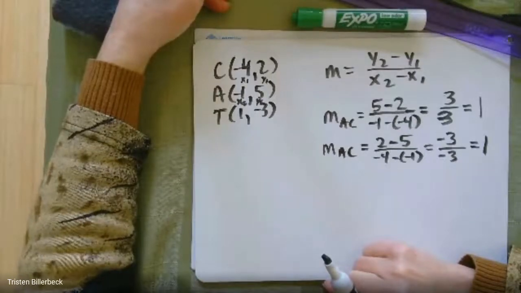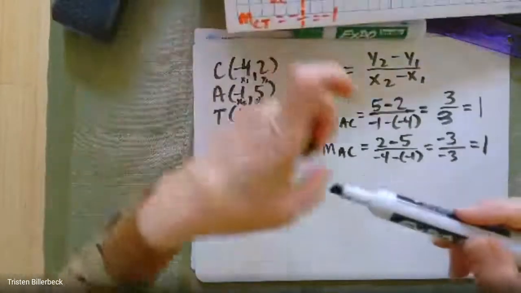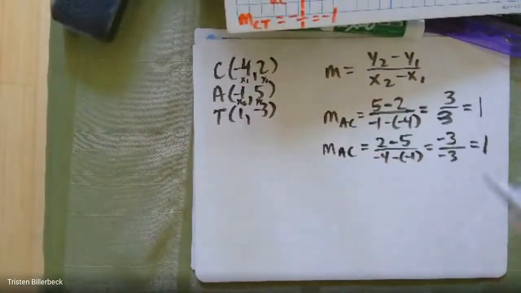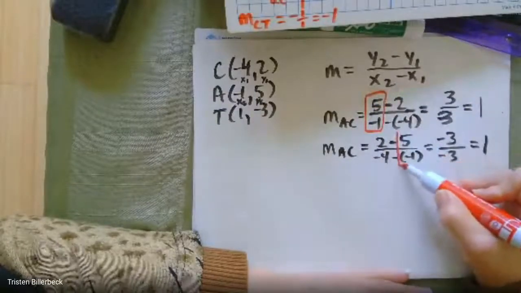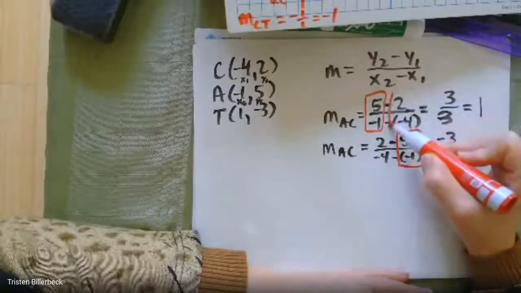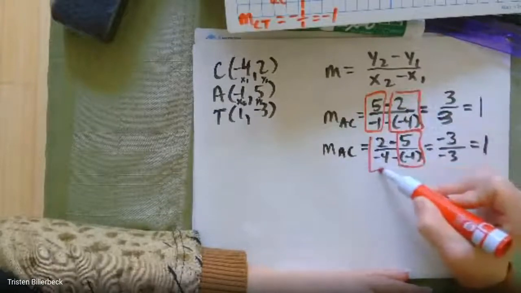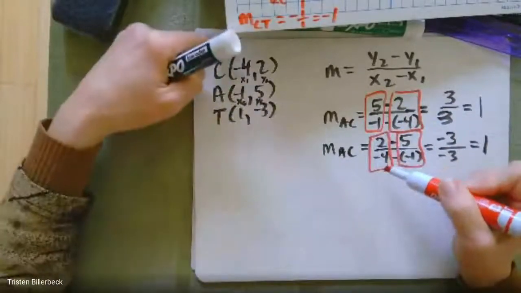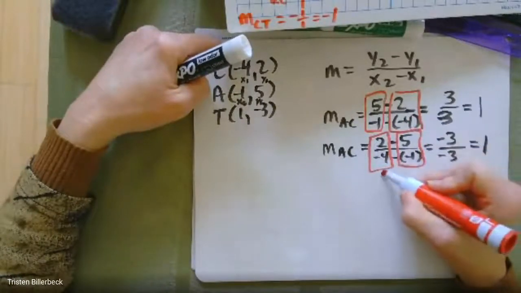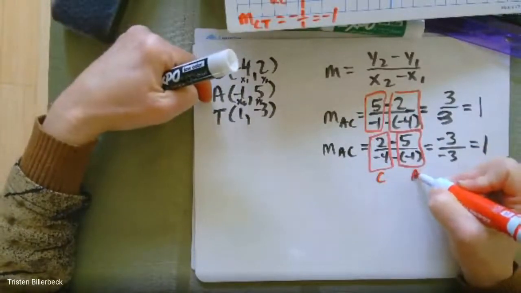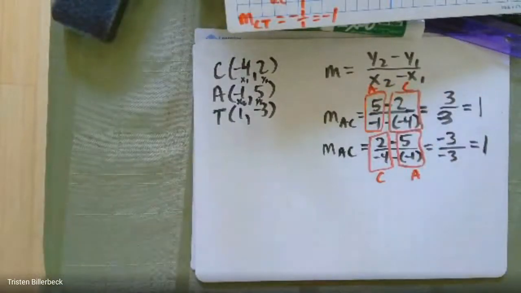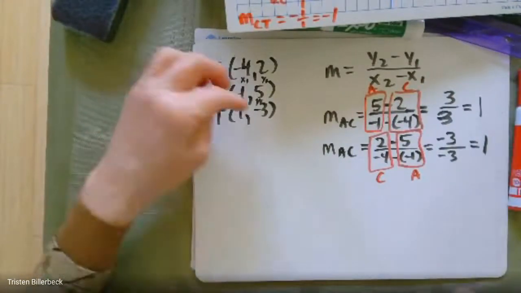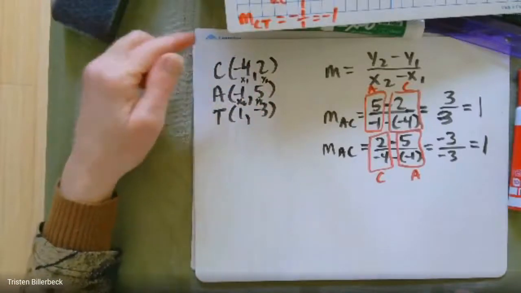No, it doesn't matter. Just don't mix up these. You see how it's right over each other, and you don't mix up this. Got to keep these guys right over each other, because this is C, and this is A, and this one's A, and this is C. So you don't want to mix those up, but don't worry about naming which point is point 1 or 2.